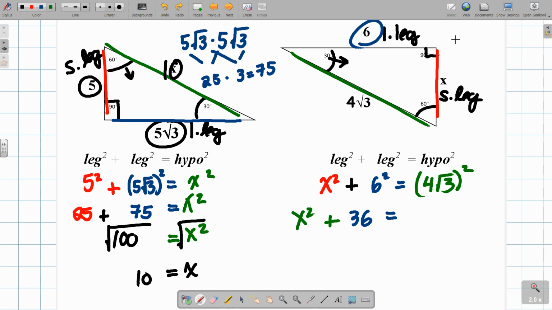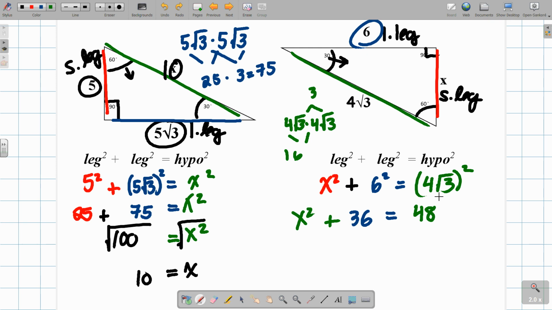Four root 3 times 4 root 3, let's write that here. Always expand it, show your work. 4 times 4 is 16. Root 3 times root 3 is 3. 16 times 3 is 48.